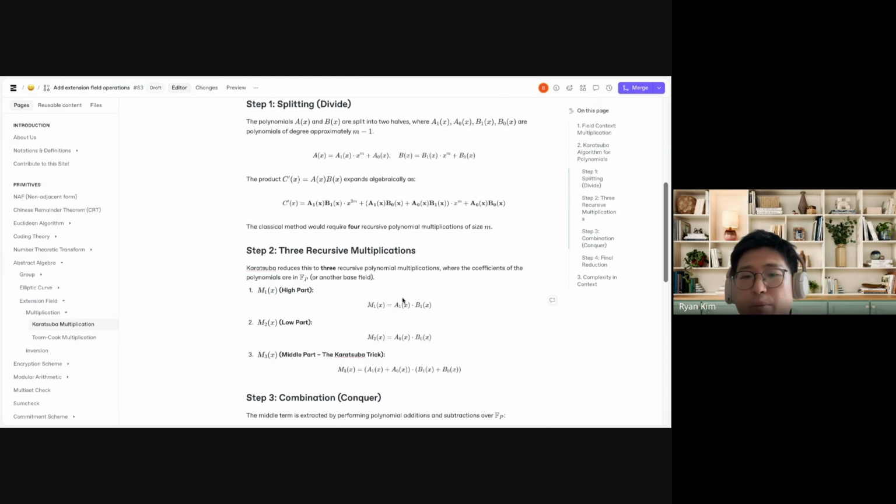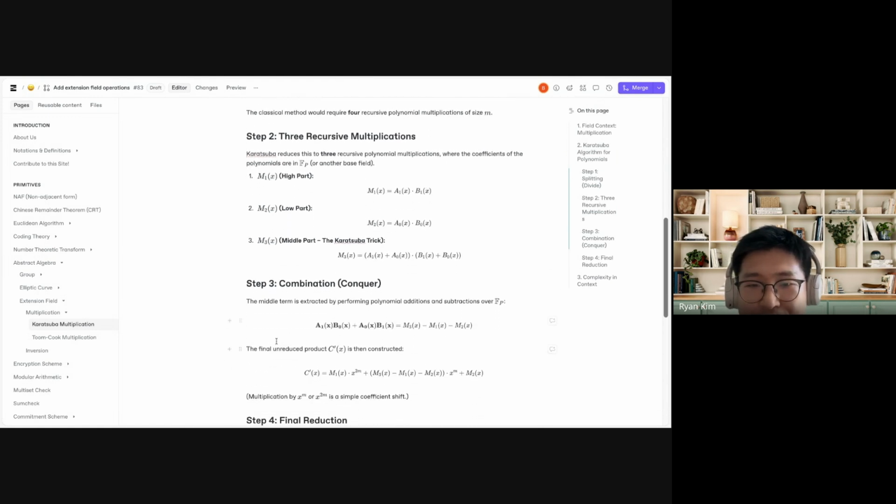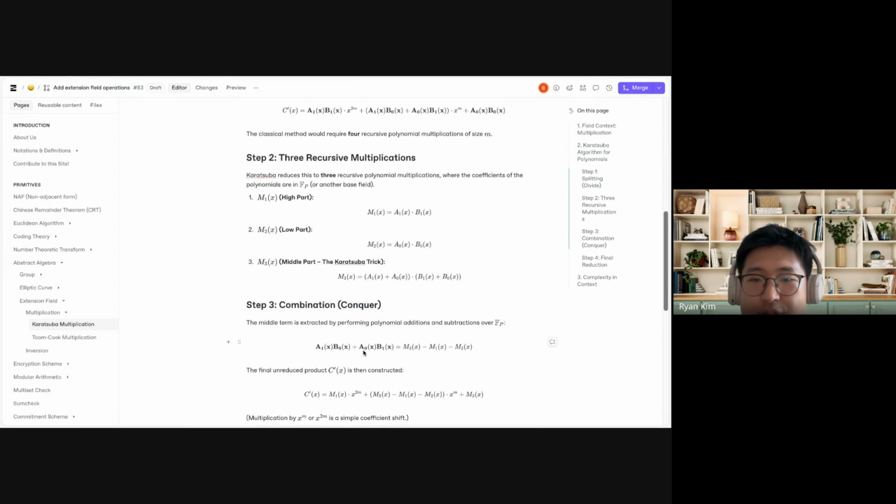So this reduces the number of multiplications from 4 to 3. To compute a1 b0 plus a0 b1, we subtract M1 and M2 from M3: M3 minus M1 minus M2. Because it's a very simple form of multiplication, you can be convinced that this will get you this.